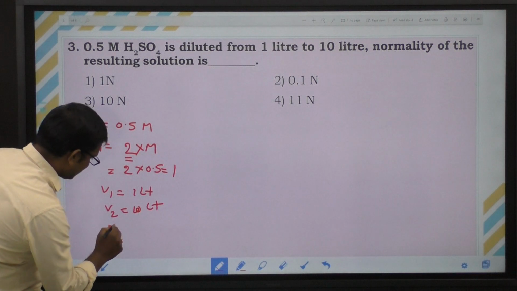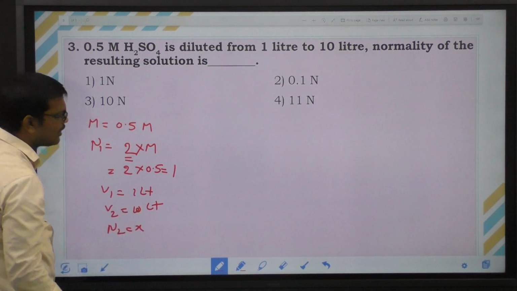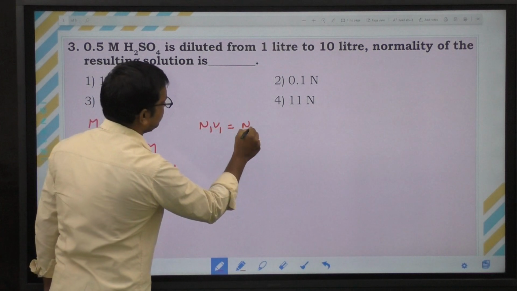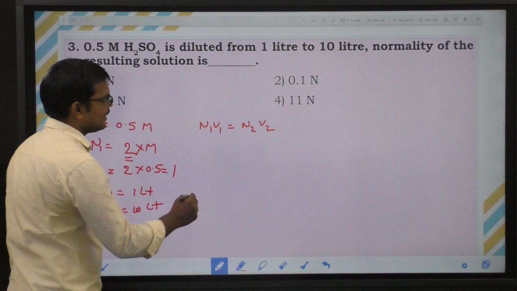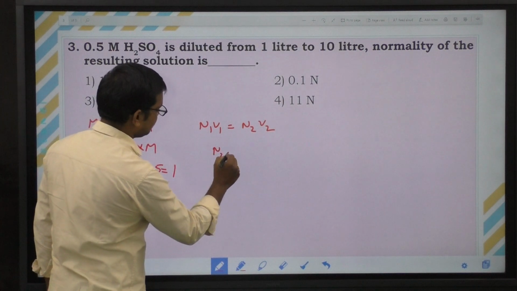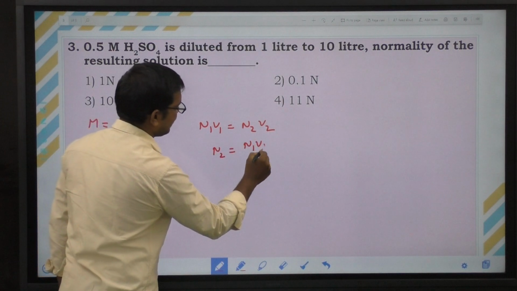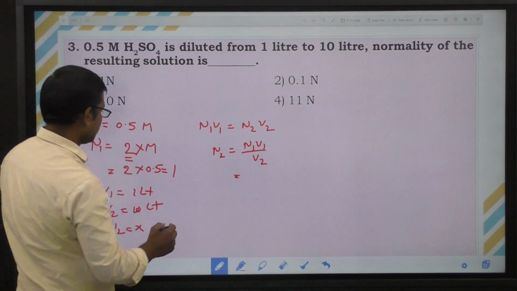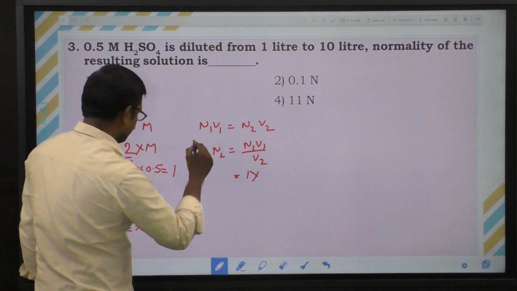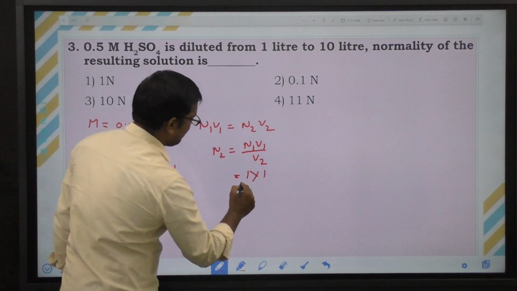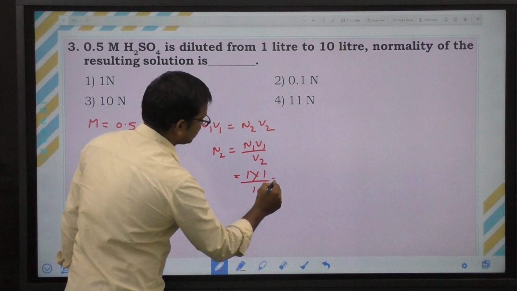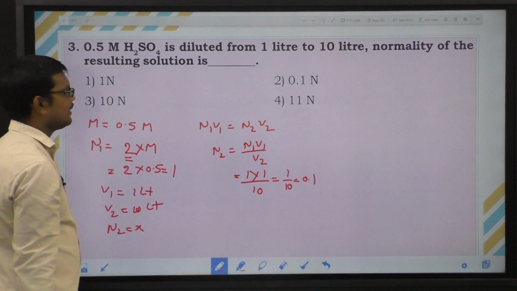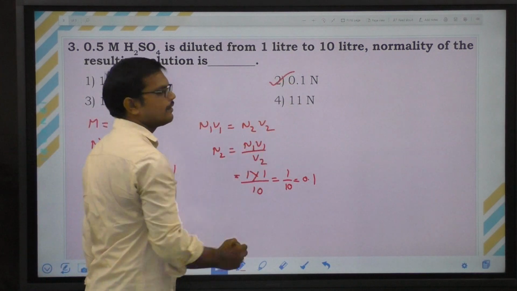Then what is N2? The formula is N1 V1 equals N2 V2, so N2 equals N1 V1 by V2, which is 1 into 1 by 10, so 0.1 normality. Option 2.